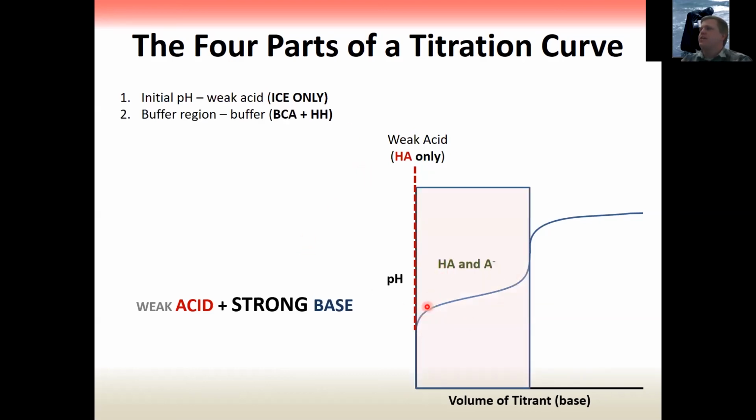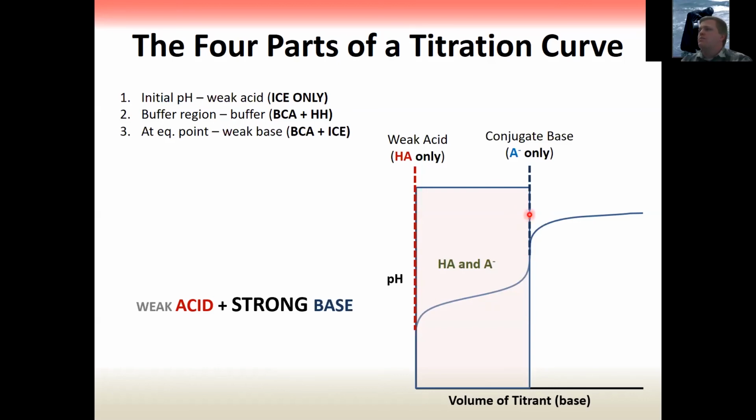For this buffer region, or the region between the starting point and the equivalence point, what you're going to have to do here is do a BCA table where you calculate how much acid is left, how much was used up and converted into A minus, and then from there you can use the Henderson-Hasselbalch equation to calculate your pH.